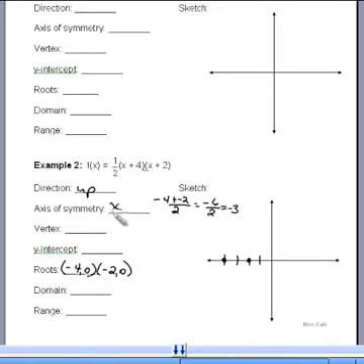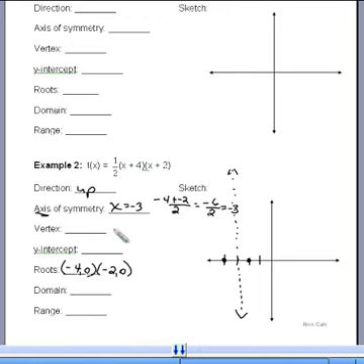So our axis of symmetry is x equals -3. Remember, that's a vertical line right here at -3. The equation for this axis needs to be a linear equation. It needs to be x equals. Don't just put -3.